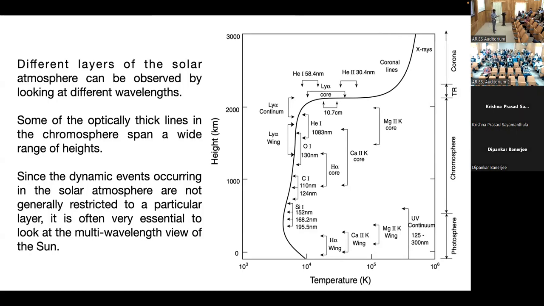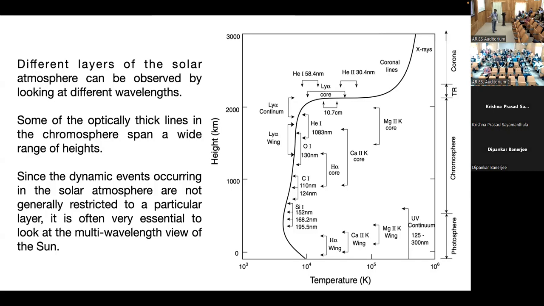So the core and wing essentially mean, when you have an absorption line, the center where maximum absorption happens is the core, and the wings are on the sides, where less absorption happens. The wing actually forms in the photosphere here, and the core forms somewhere in the mid chromosphere. So the entire line, if you observe it, spans several atmospheric heights.